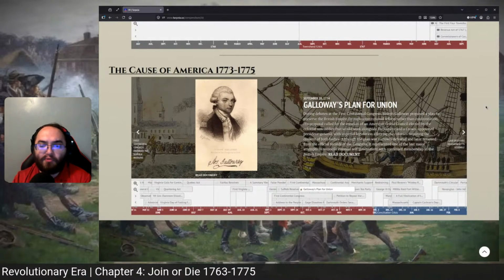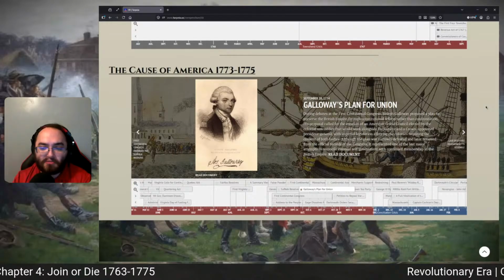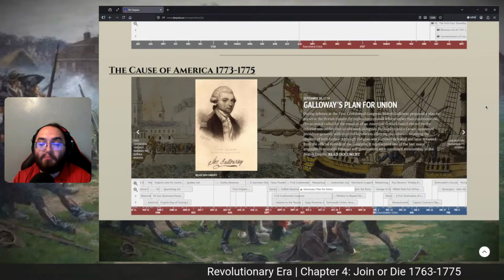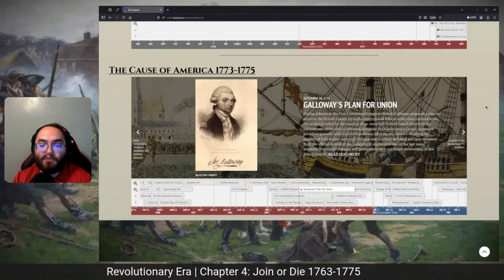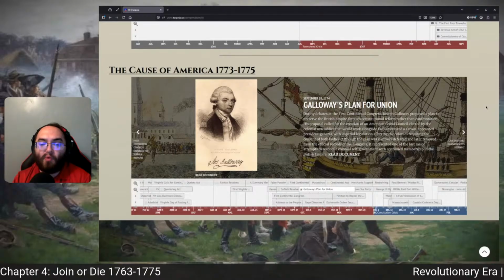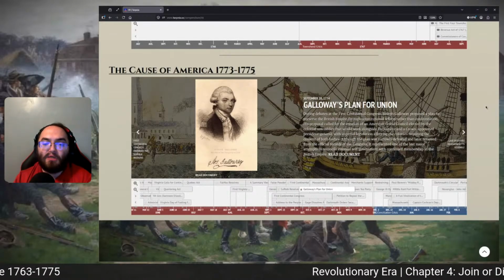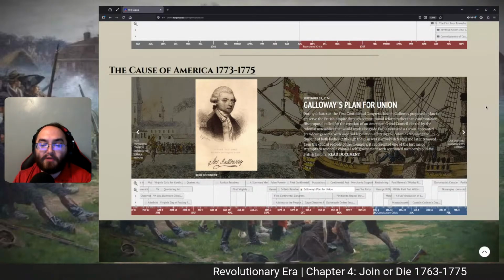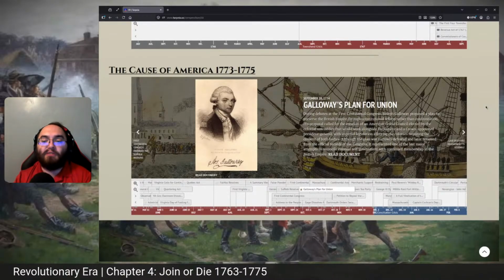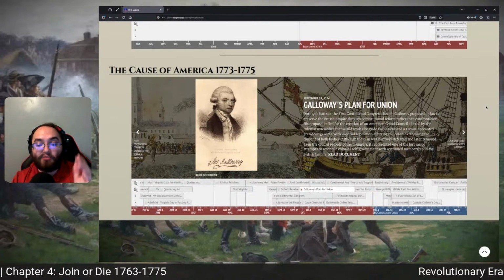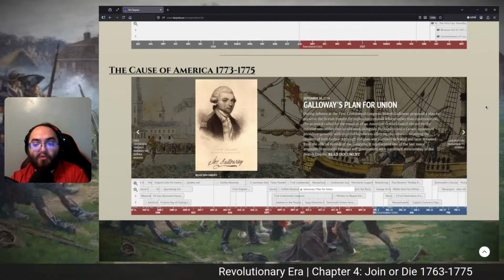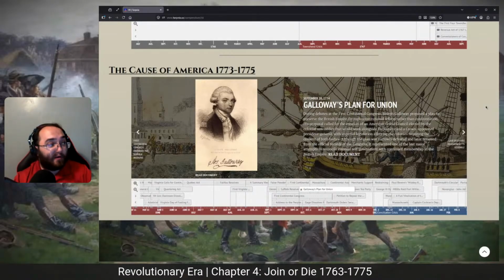His proposal called for the creation of an American Grand Council elected by the colonial assemblies that would work alongside Parliament and the Crown, appointed President General with imperial legislation affecting the colonies requiring the consent of both bodies. Although the plan was narrowly defeated and later removed from the official records of the Congress, it represented one of the last major attempts to reconcile colonial self-government with continued membership in the British Empire.